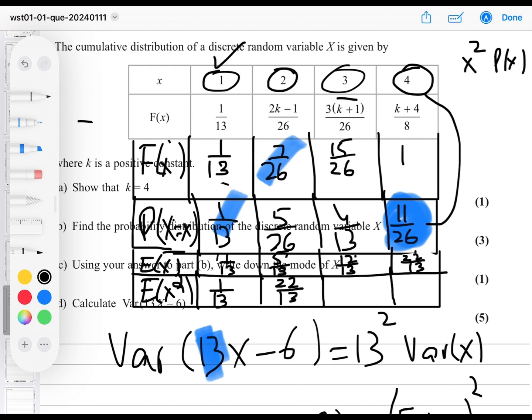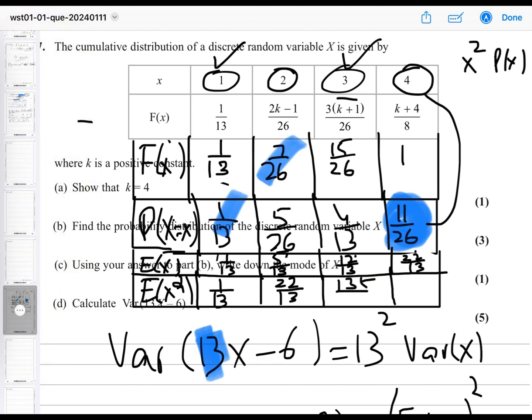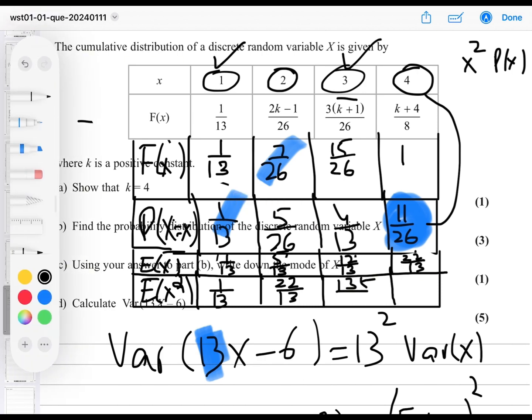And then 3 to the power of 2 is 9, so 9 into 15 upon 26 is 135 upon 26. I'm doing this on my calculator. So now the last one is 4 to the power of 2 times 11 upon 26, 88 upon 13.